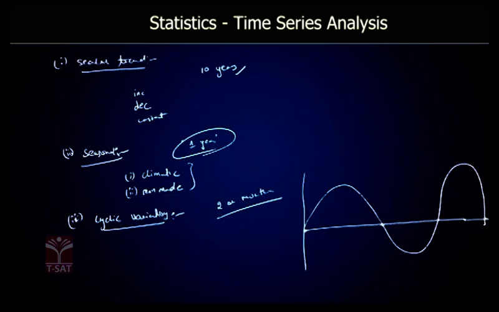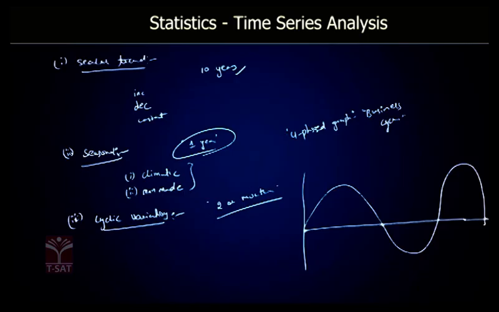Usually we call this graph a four-phased graph, or we can also call it a business cycle. Usually this cycle will repeat within 2 or more years of time interval.